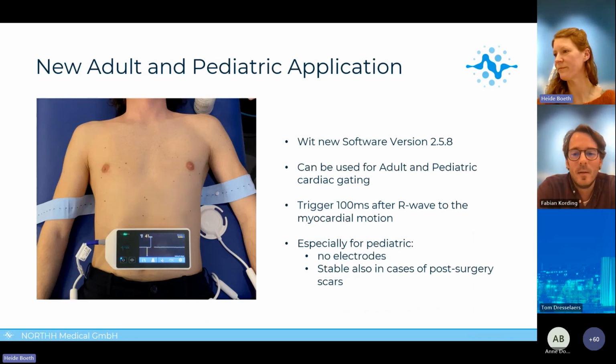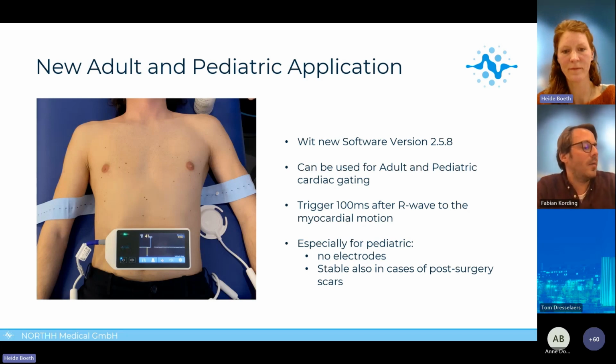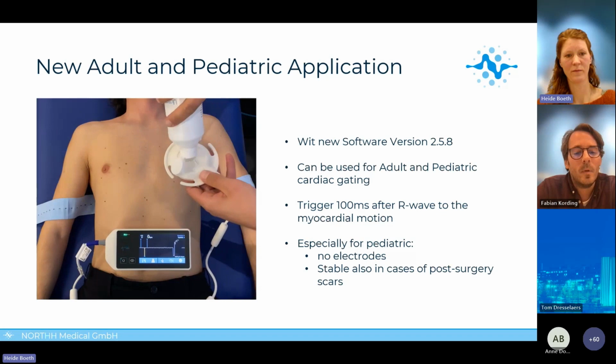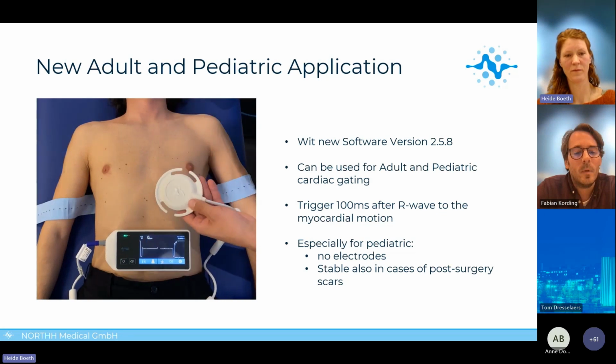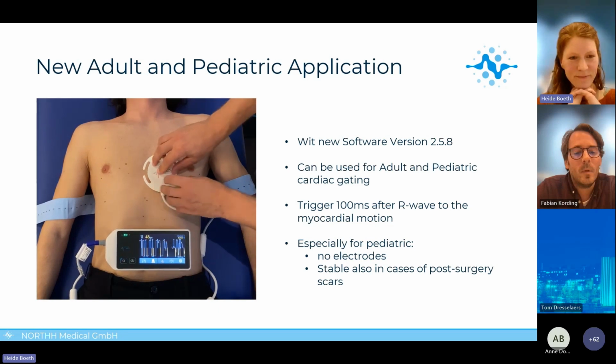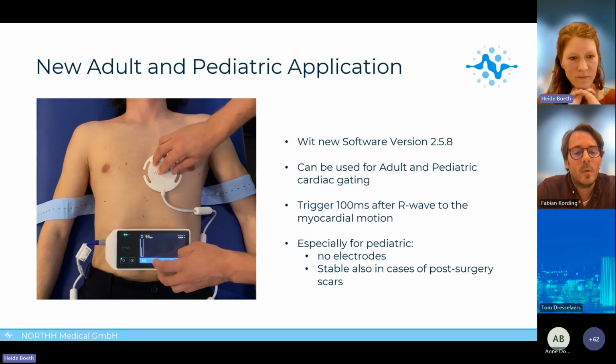Hi everyone, great to have you here as well. Short news for everyone. We now have also a new application for adult and pediatric cardiac gating. We have a short video of how it actually works, so you can see it here. It's very easy. You just use the same transducer, the device that you probably already have, and then you can use it for pediatric as well as cardiac gating. This is available with the new software version.